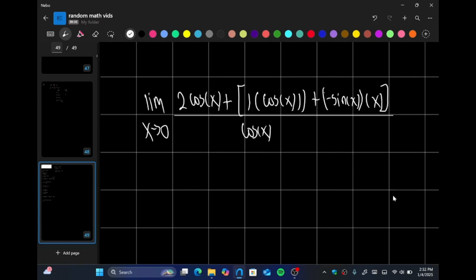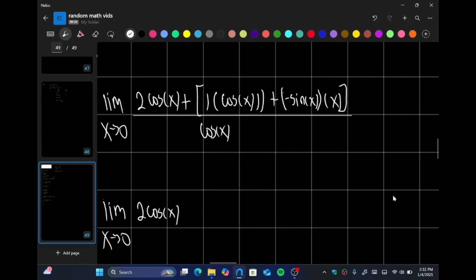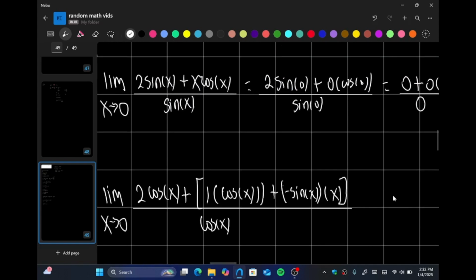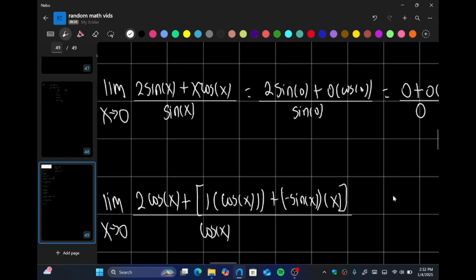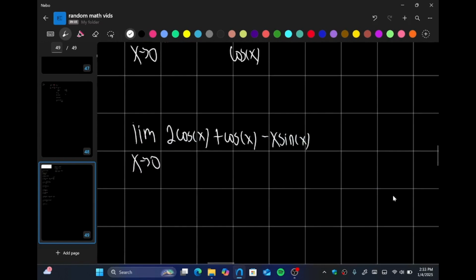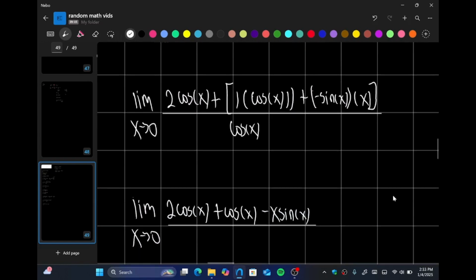So then this gives us the limit as x approaches 0 of 2 cosine x plus cosine x minus x sine x all over cosine x. I think.